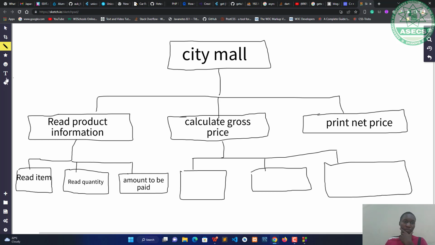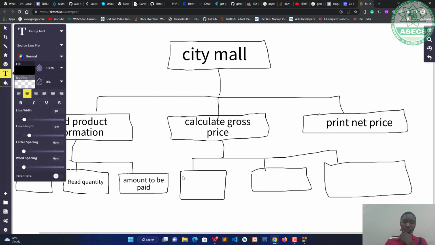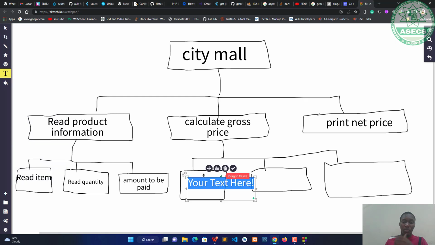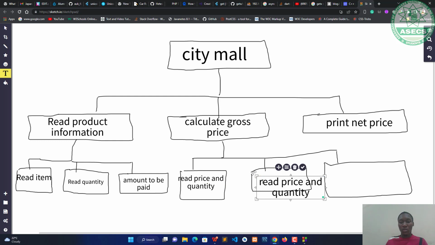All right. Okay, I guess I can paste this, which is what reads price and quantity. And then this one, we should be able to multiply it.